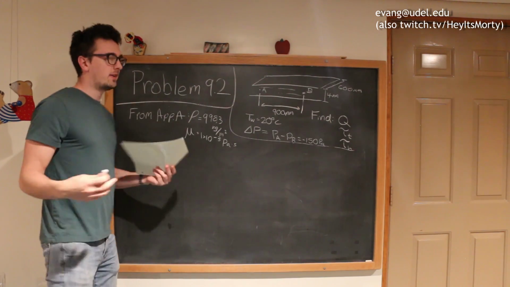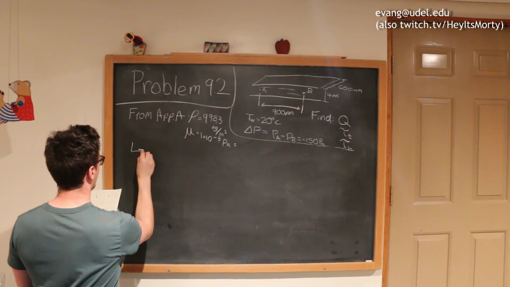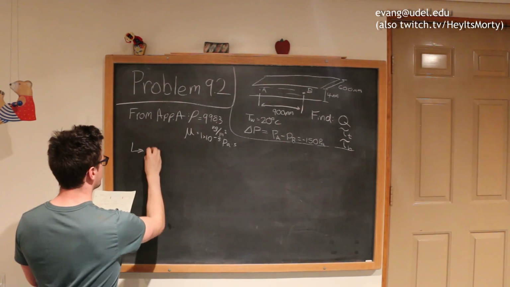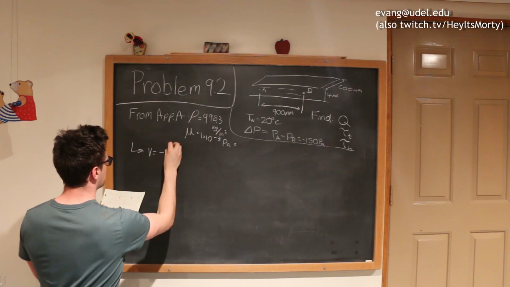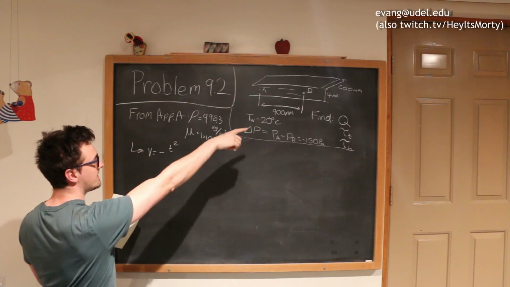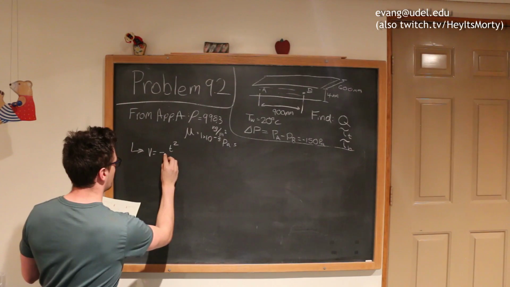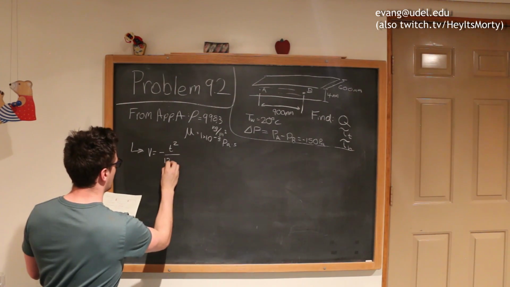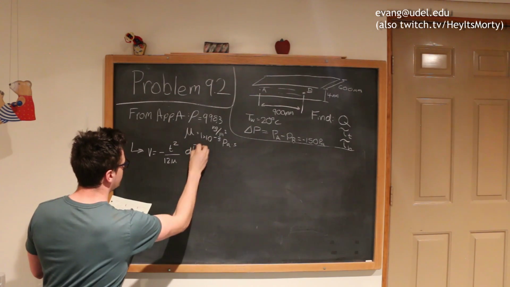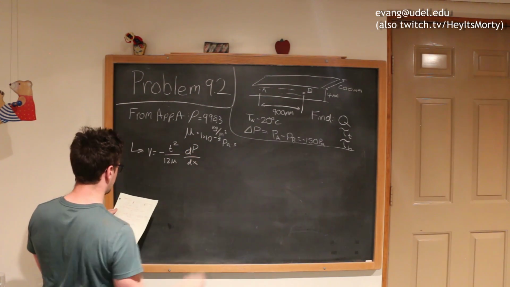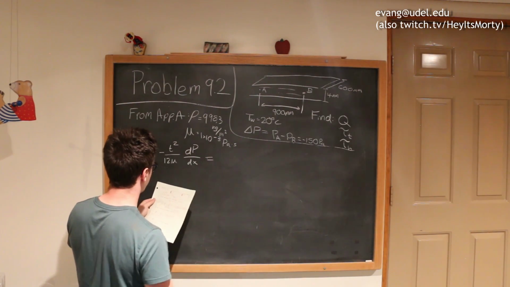From here we have a relation that we can use, where the velocity of the flow is equal to negative t squared, where t is the gap between the two plates, over 12 mu, times dP dx.